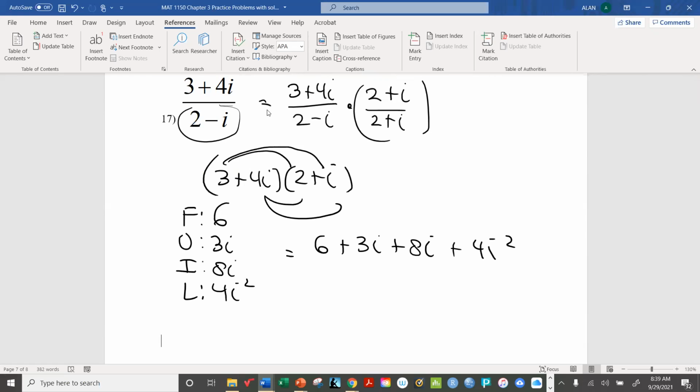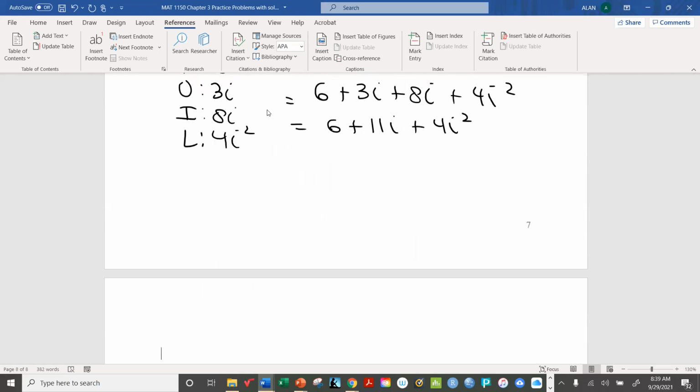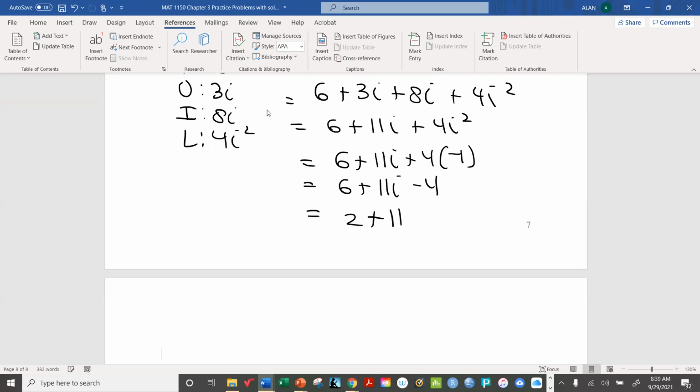All right, so we'll consolidate the like terms first, and then we'll recognize, of course, this is i squared. All right, so that's our numerator.